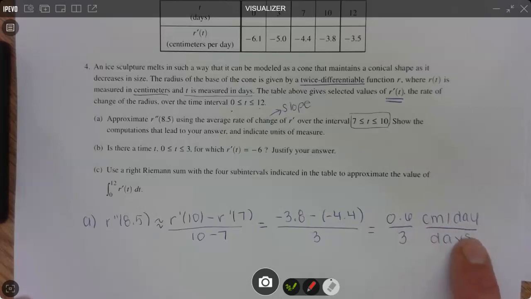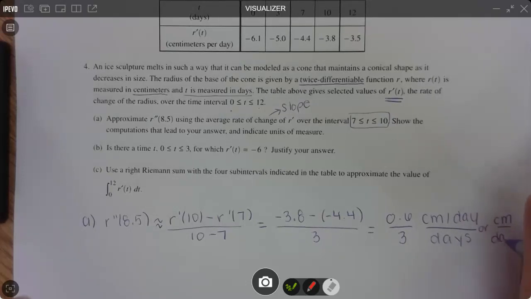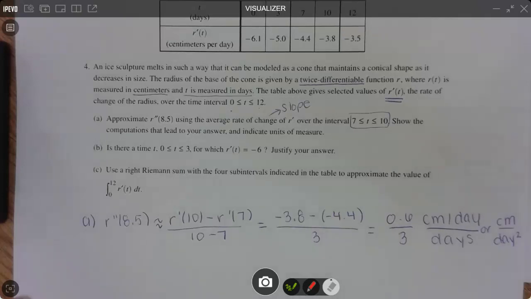If you didn't make days here plural, that would still be okay. But you need to have centimeters per day per day, or even centimeters over day squared.